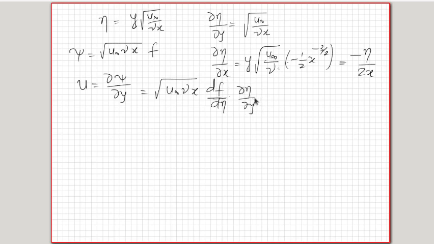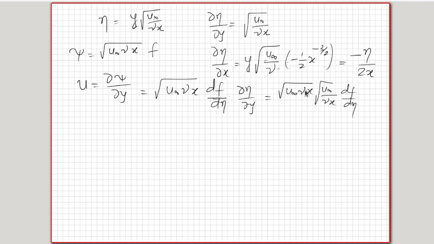Okay, and for ∂η/∂y I substitute from here, so that will be equal to the square root of u∞ ν x multiplied by the square root of u∞ divided by νx, right, multiplied by df/dη.